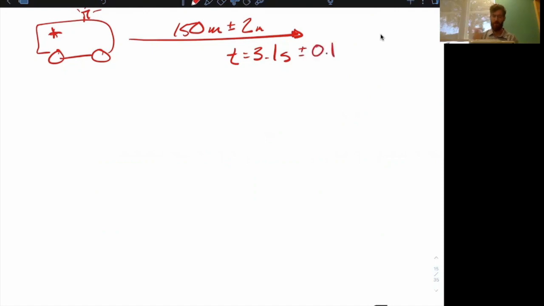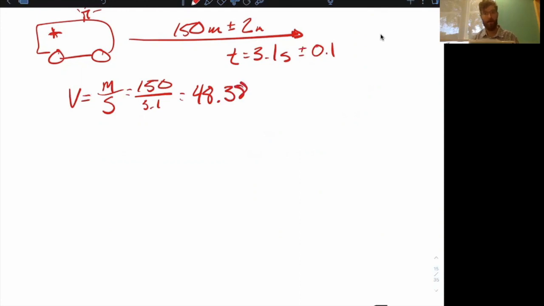So if I wanted to calculate the velocity of this object, the bus, car, ambulance, whatever it is, we know that velocity is meters per second. It is the distance traveled over time. So we've got to create that. We would have 150 divided by 3.1, which gives us 48.38.